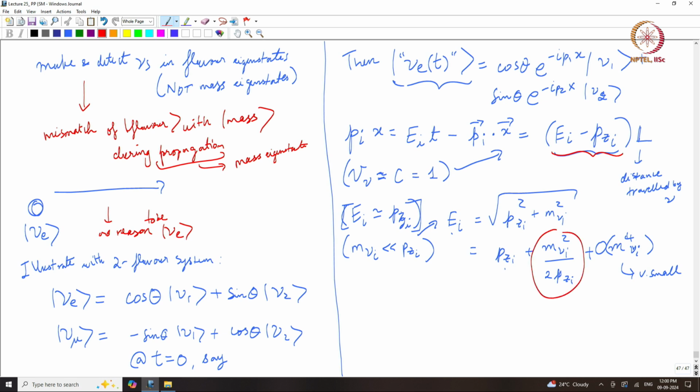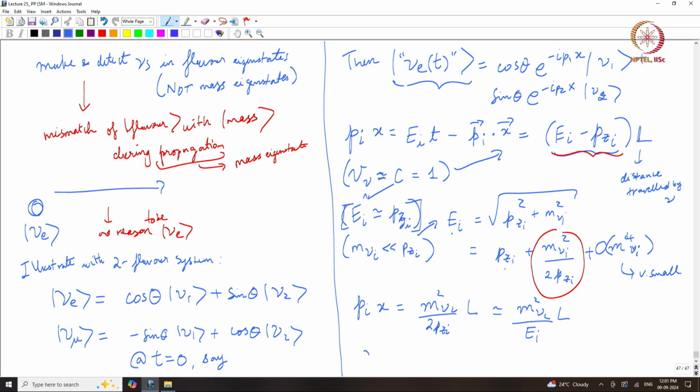It is worth writing it down now. p_i x is nothing but m nu i squared over 2 p_zi times L. To make life easier, I am just going to write it as E_i L, because you can once again do an expansion, put the p_zi inside and neglect higher order terms, and you are going to get just E_i in the denominator. Might as well call it E in this case.